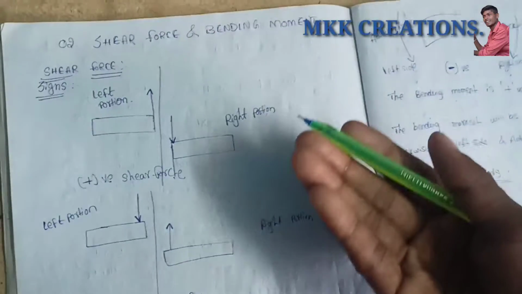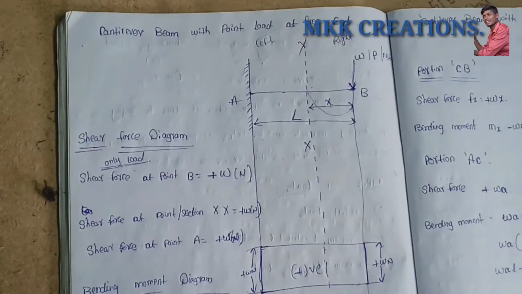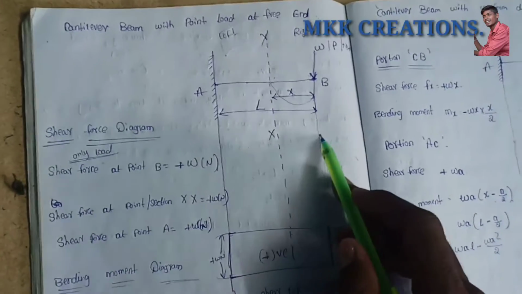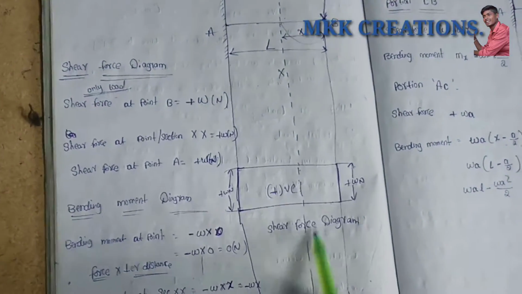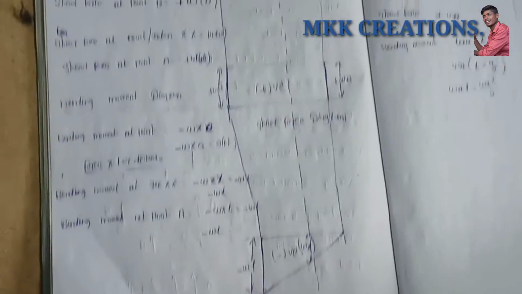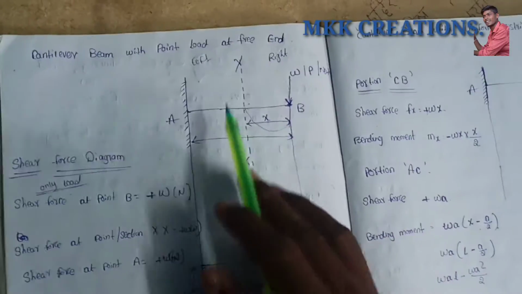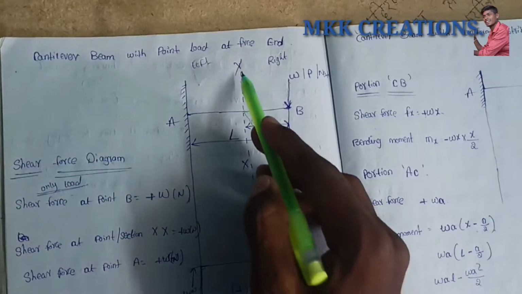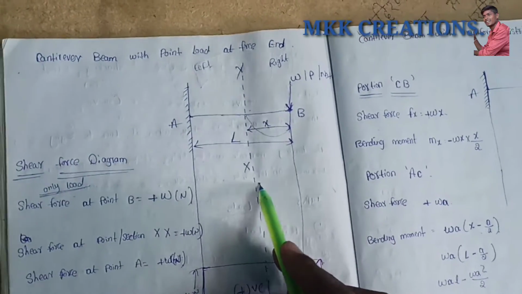So we are going to draw the shear force diagrams. This is how to draw a shear force diagram, and we want to draw the bending moment diagrams as well. See the right side portion, that means above the x, the middle section.